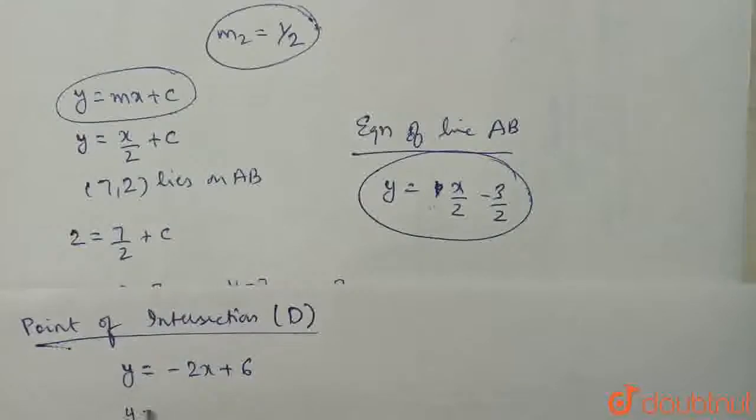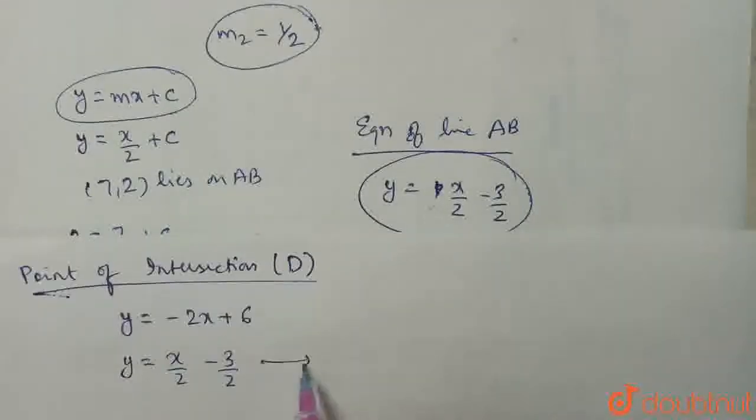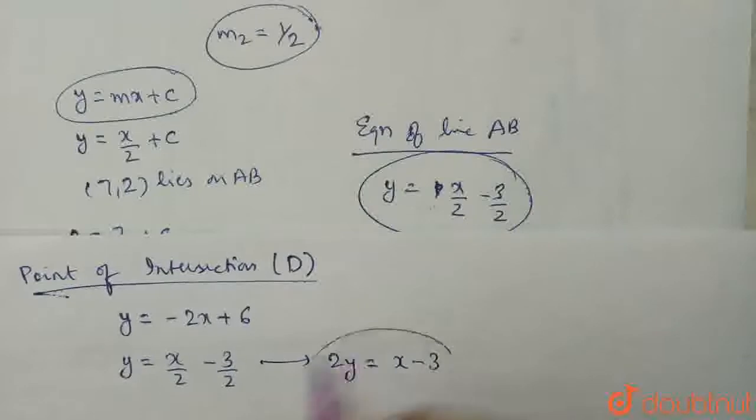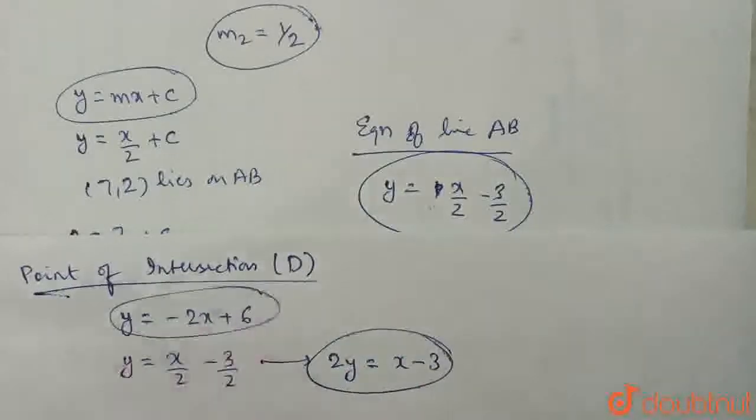This equation can be further written, if we take LCM 2, as 2y is equal to x minus 3. So we will solve these two equations.